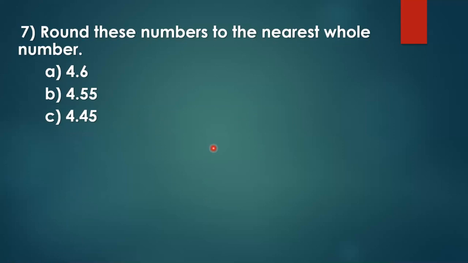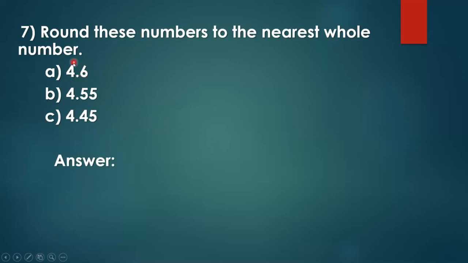You are thorough with the concept of rounding because we have done many problems related to rounding to the nearest 10, 100, 1000, etc. Now, here we need to round these decimal numbers to the nearest whole number. So, we'll be starting with the A part. See, here the number is 4.6.